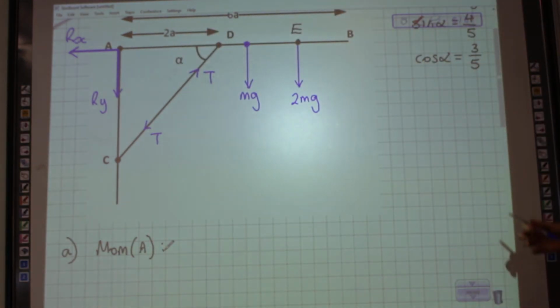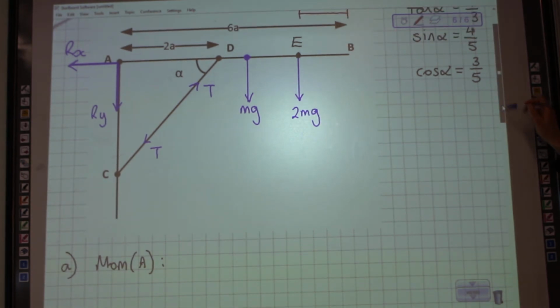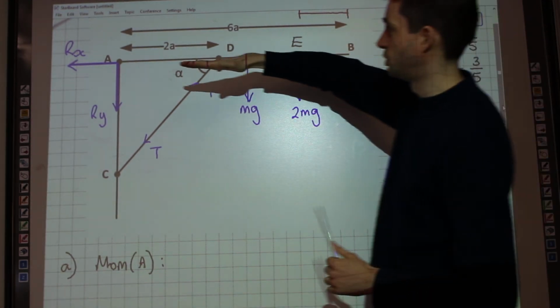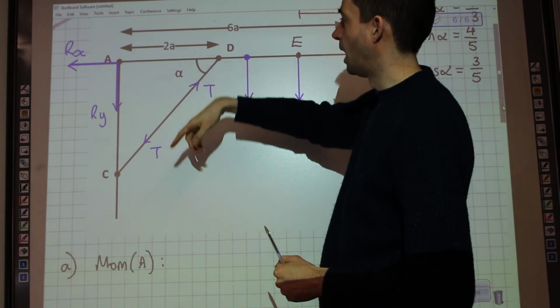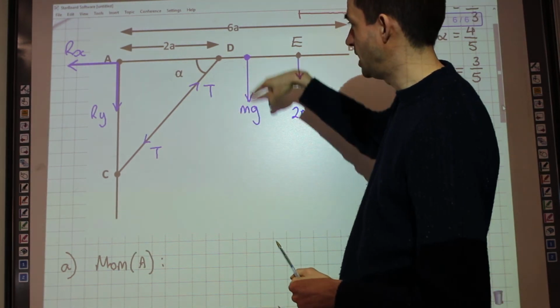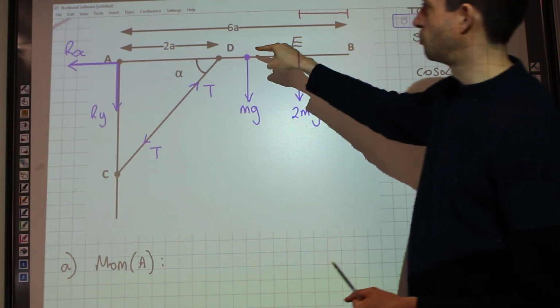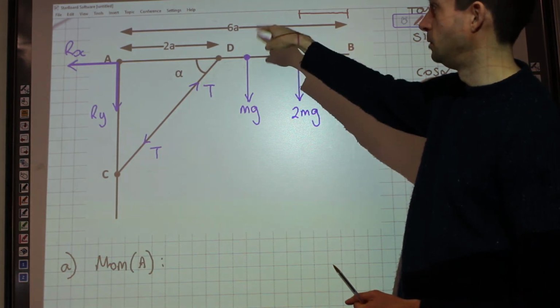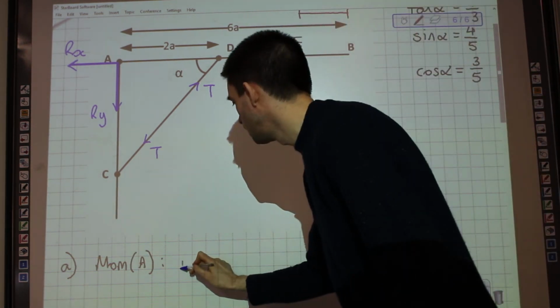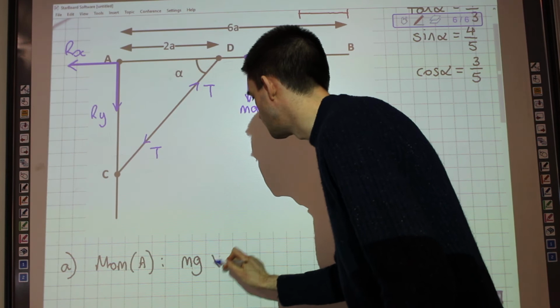So my starting approach for part A is to take moments about A, and I need to think about any forces that are causing the plank to want to rotate clockwise. And there's two of them. One is this mg, which is a distance of 3a away, uniform rod, so it's halfway. So I've got mg times 3a.